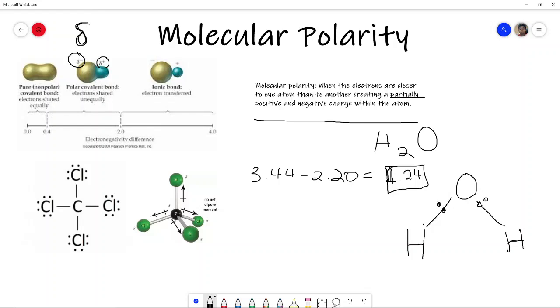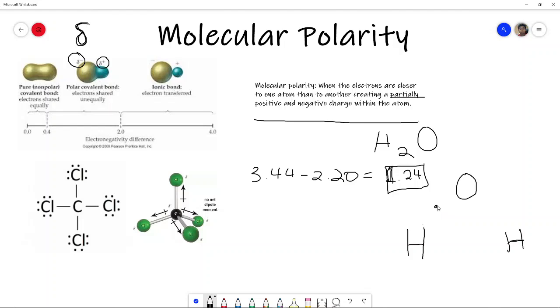Let me delete this bond and redraw this, but basically, normally there would be two electrons in the middle. But due to the difference of electronegativities, and since it's 1.24, it's a polar covalent bond. So both of these bonds between the O and H are polar covalent.